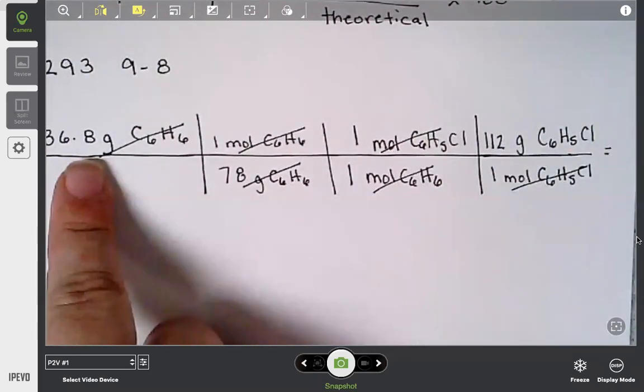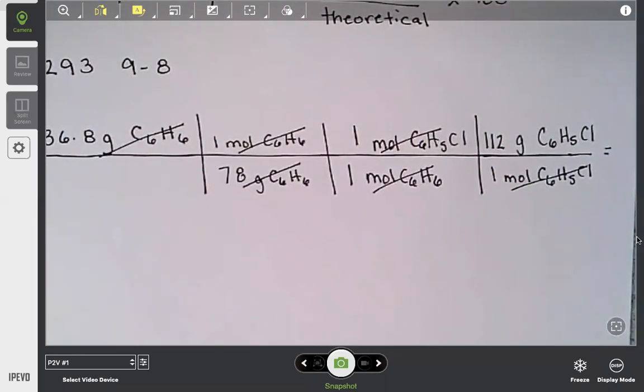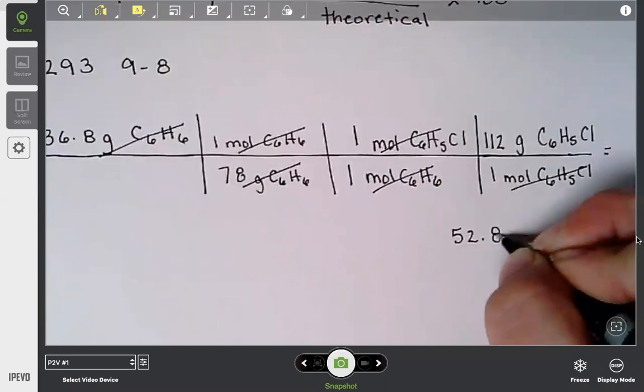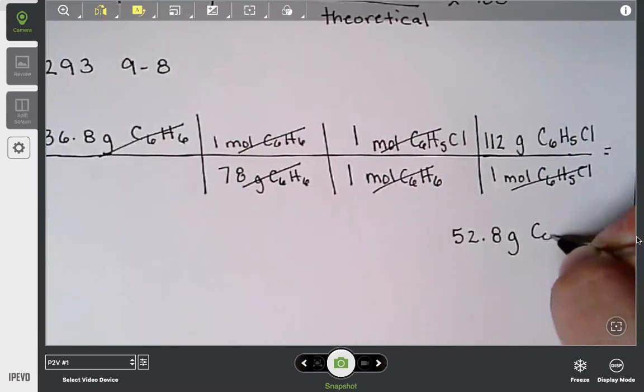So I'm going to do my math here. 36.8 times 112 divided by 78, and I get 52.8 grams of C6H5Cl.